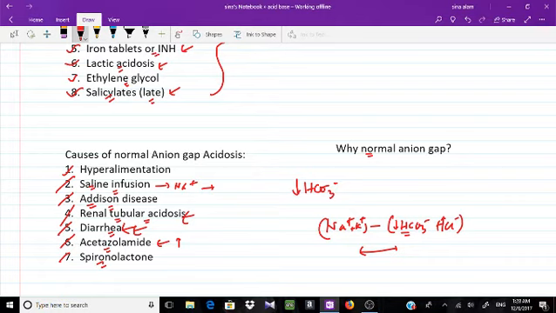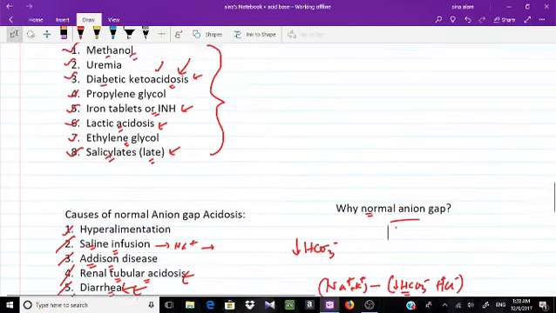Maybe the body produces more chloride or reabsorbs more chloride, and the gap is not increased. The gap is the same because you are losing bicarbonate at the same time you are increasing the chloride level. So the gap remains the same, and that's why there is normal anion gap metabolic acidosis. It is also called hyperchloremic metabolic acidosis.